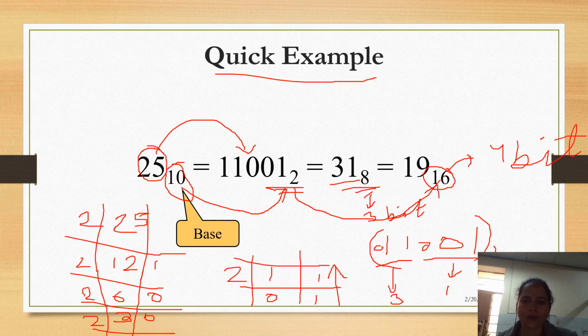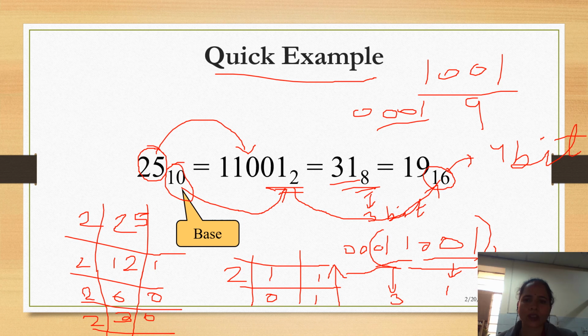So take 4 bits from right to left. The first 4 bits are 1001, which represents 9. The next is 1, and we assume 000 in front, so 0001 represents 1. So the number is 19. This is the hexadecimal representation.